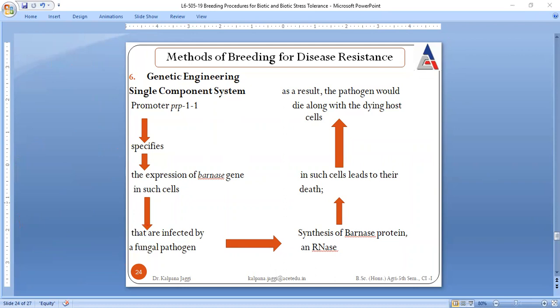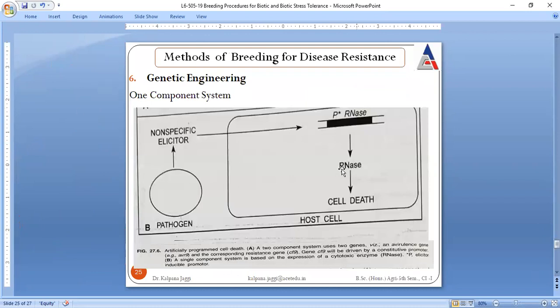But one aspect is to be noticed in terms of genetic engineering also. So this is clear to all. The Barnase gene is producing the Barnase protein, and that particular protein is RNase. Its production is activated by this promoter, and it is a toxin in nature, and it is leading to the death of the cell. So along with the death of the cell, there is going to be the death of the pathogen also.